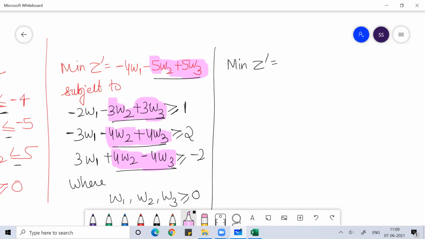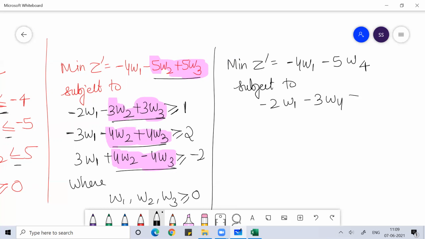So I hope you're understanding. I can write this as minima of Z dash equals minus 4W1 minus 5W4, subject to minus 2W1 minus 3W4 greater than or equal to 1.